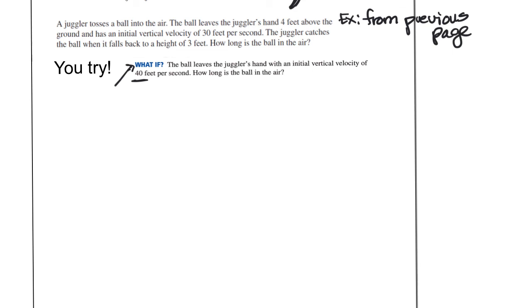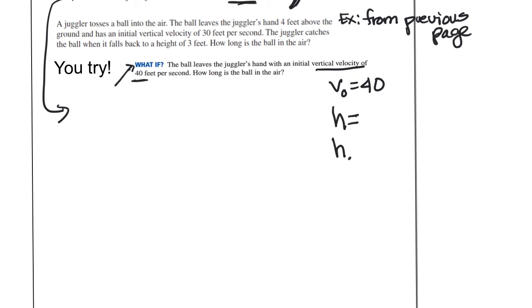So once again, it's still going to be launched. So that's your equation. And initial velocity is going to be 40. And you should be able to find your height at the end, and your initial height is located on this page up in the problem. And then I want you to work it out like on the previous page. And I'm going to pause and do it so when you come back, you can see the worked out solution.